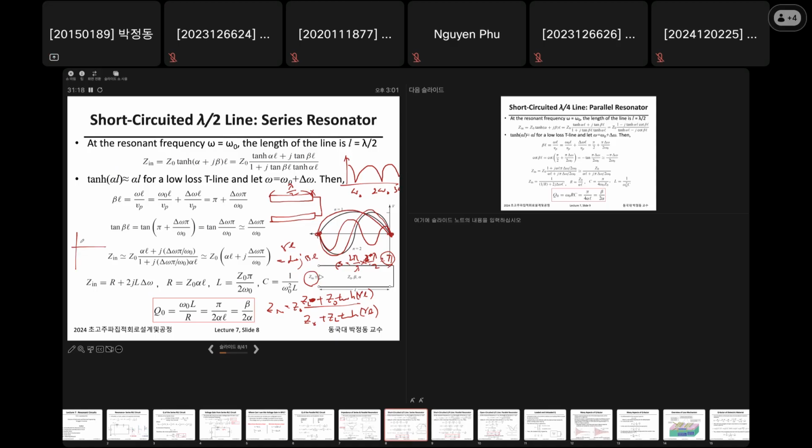So this is 0, and what you get is Z in equals Z naught and Z L. You also have this tangent hyperbolic term. This is actually, what is that?